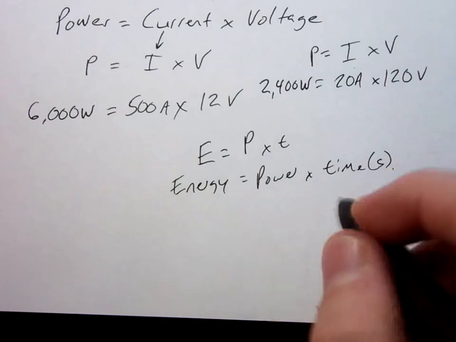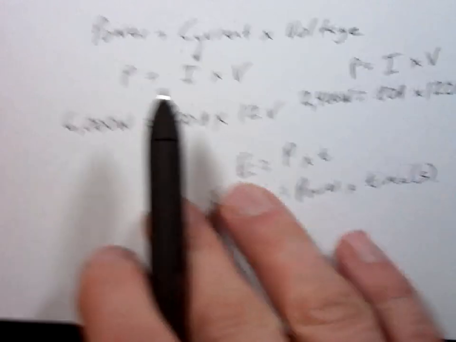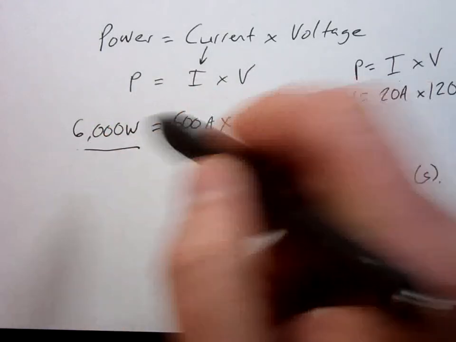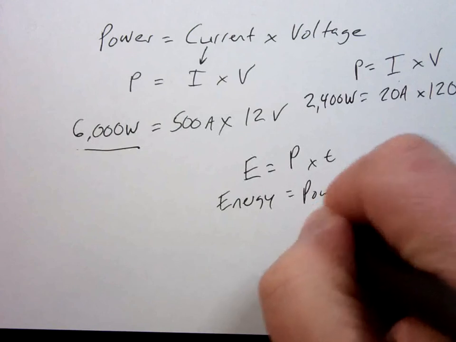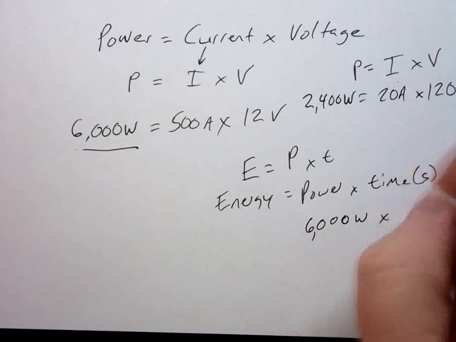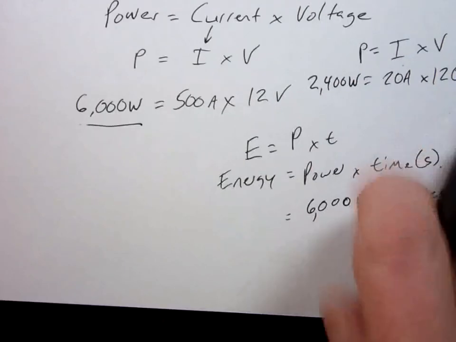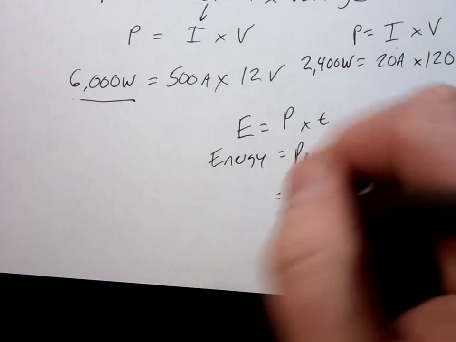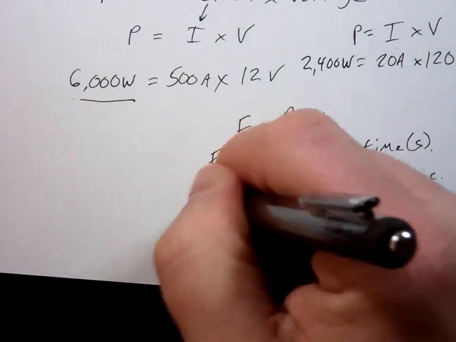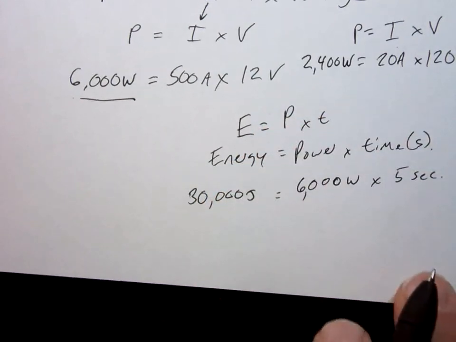So let's say I was cranking this car right here for 5 seconds. So I take 6,000 watts and I multiply by, what did I say, 5 seconds? 5 seconds. And then I end up with, in that case, for that 5 second crank, 30,000 joules of energy.